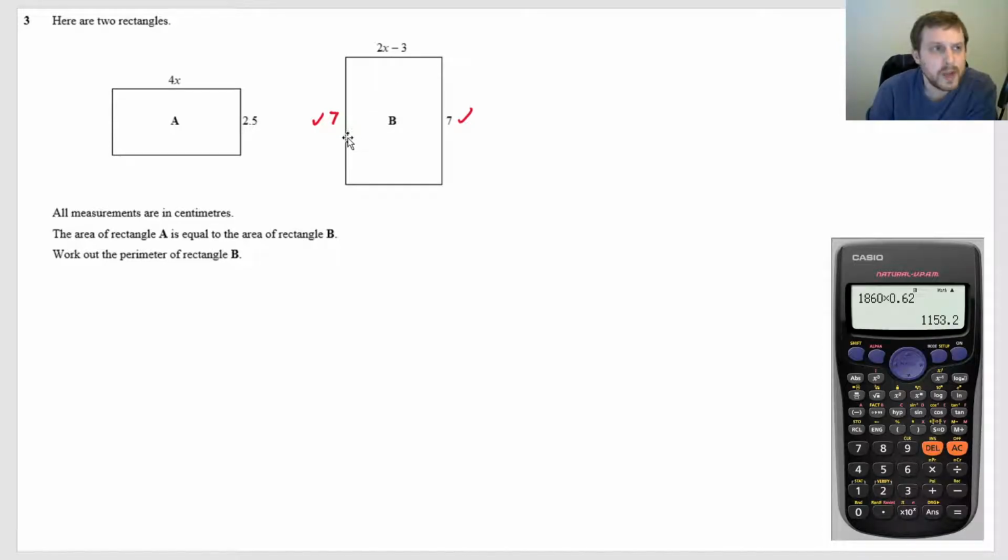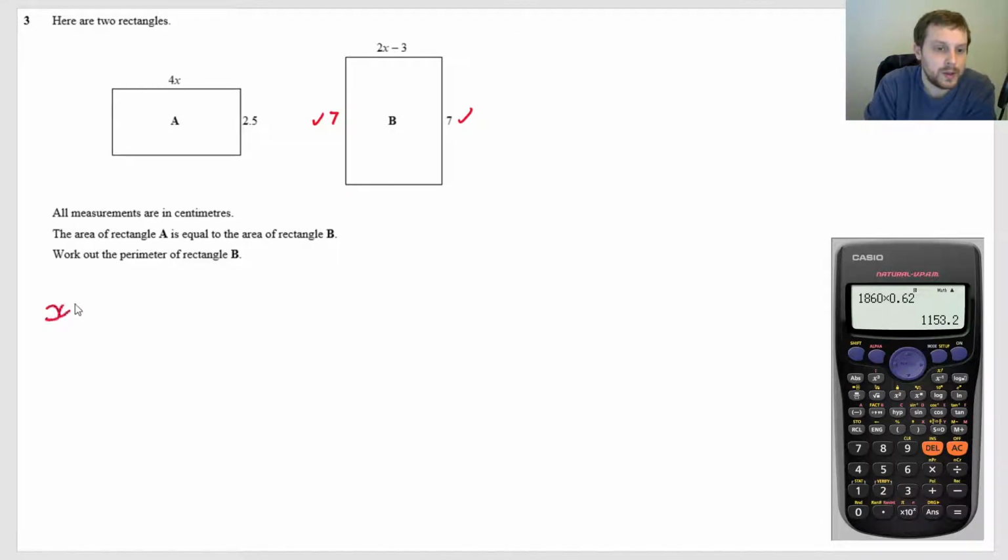So that should make us think, if I knew what x was, I would be able to times it by 2 and then take away 3, and then I'd have this side, and I'd also have the side at the bottom. And so that must make you think we need to figure out what x is.